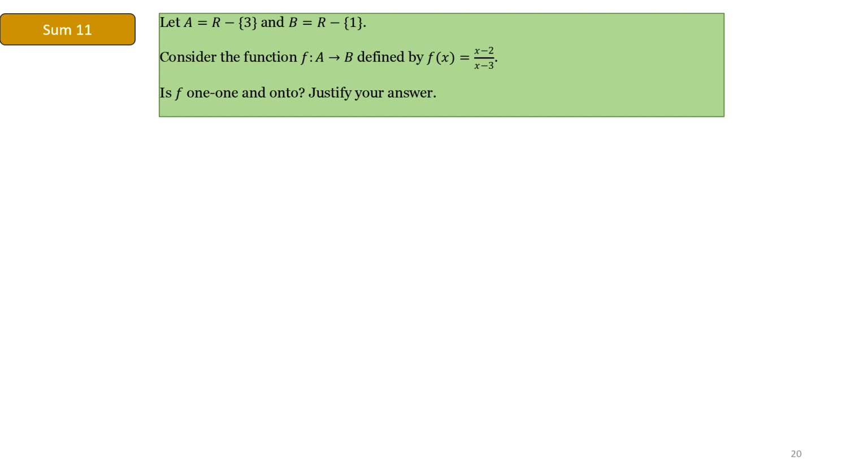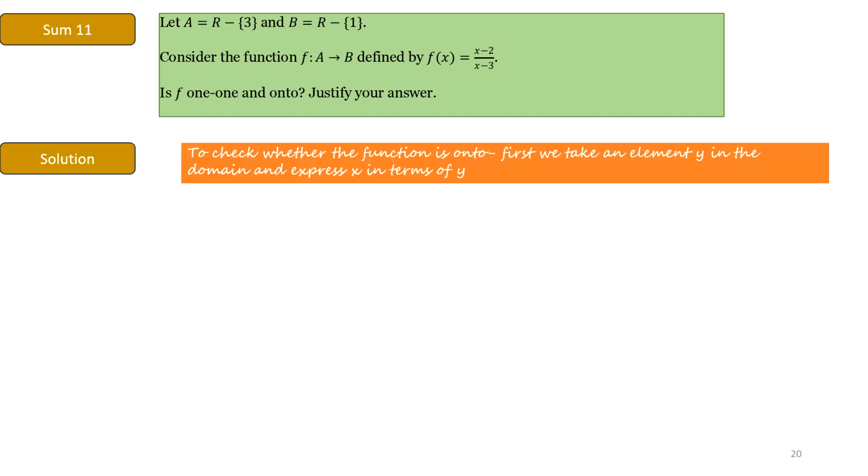Consider the function f defined by f of x equals x minus 2 divided by x minus 3. Determine whether f is one-one, onto, or bijective. To check whether the function is onto, we consider an element y in the range and express x in terms of y.